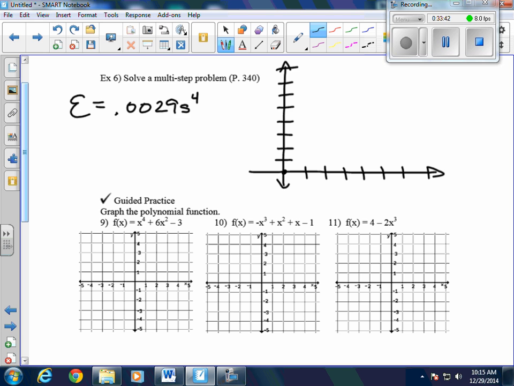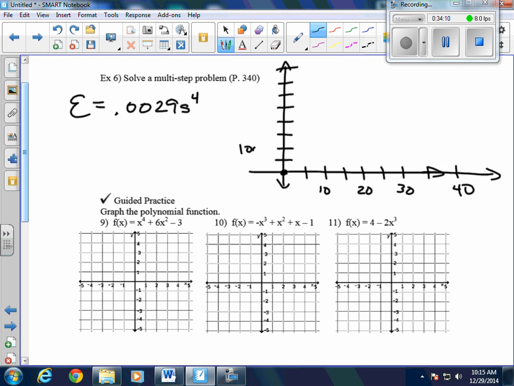So if I put in 0, I'm going to get 0. They make a table of values for us there, and so we want to go from 0, 10, 20, 30, 40. And then the values that they give us when they plug those in.